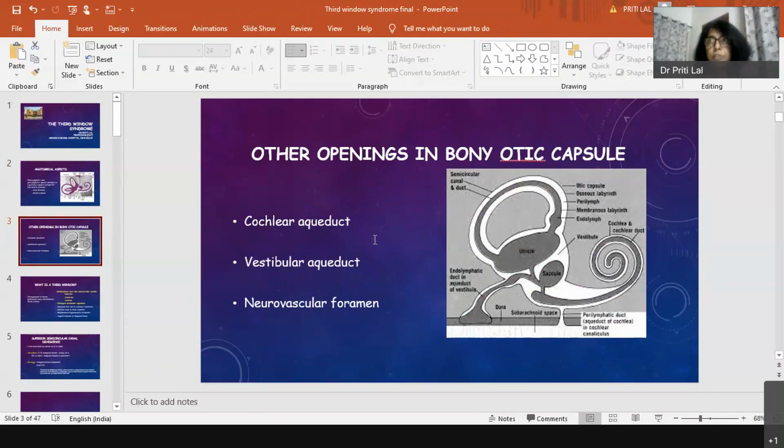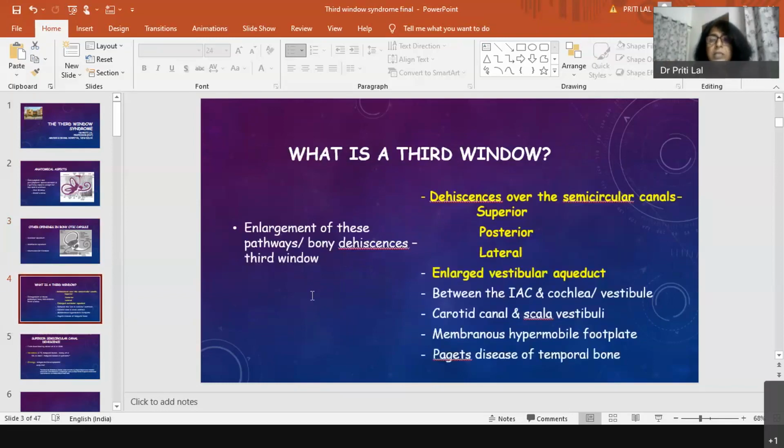They are not involved in transmission of sound energy because they are long and narrow and are high impedance pathways. So no sound energy can be transmitted through these pathways unless they are enlarged or there is a dehiscence in the bony capsule.